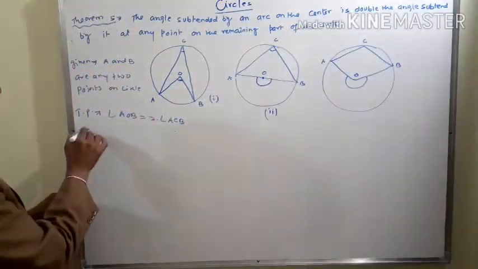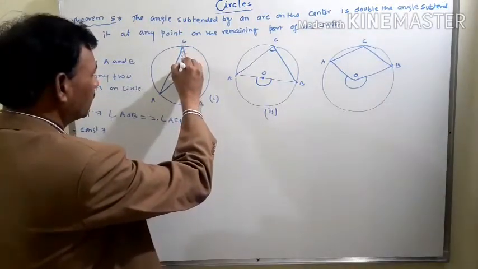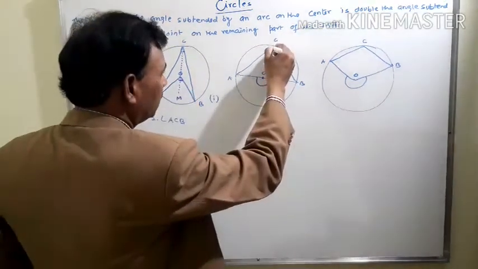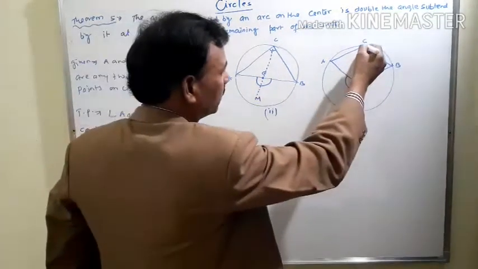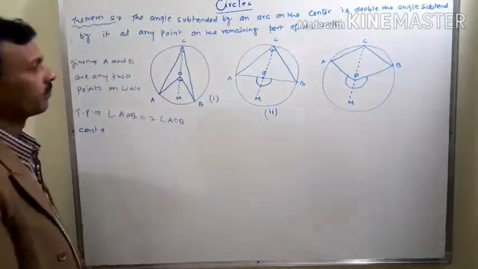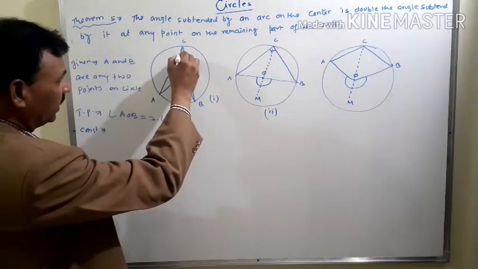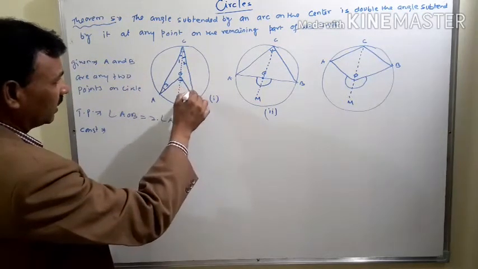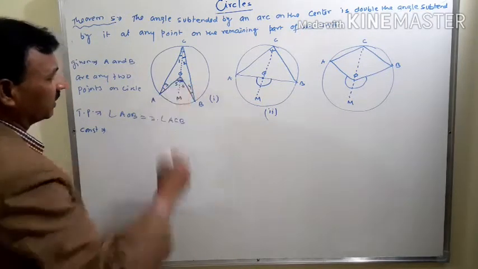Now construction. Join C to O and produce to M, in each situation. Let this angle be 1, this angle 2, this is 3, this is 4, this is 5 and this is 6.